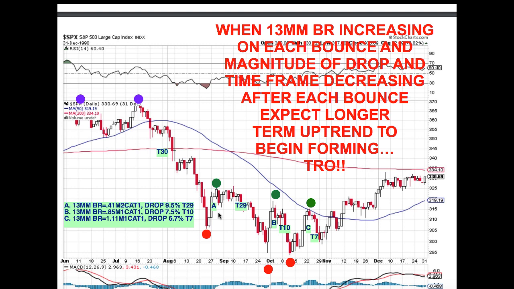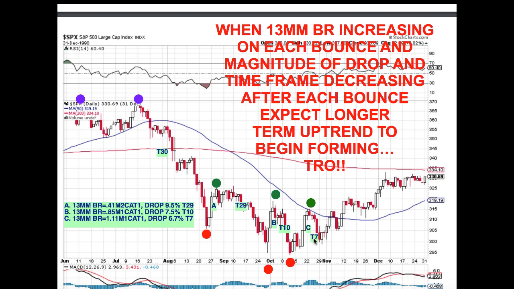As you can see, in this case, we have bounce A, bounce B, and bounce C. The bounce ratio on bounce A is 0.41, magnitude 2, category 1, and a drop of 9.5% follows within 29 days. Bounce B is followed by a 7.5% drop within 10 days. Bounce C is followed by only a 6.7% drop within a time frame of only 7 days.